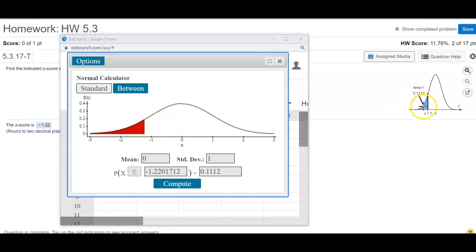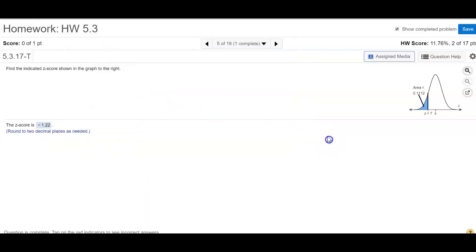Is my area to the left? Yes. Is this to the left? Yes. Now I'm going to go ahead and plug in my answers. And if I look at it, my answers do match. Area to the left, area to the left. I have my area is 0.1112. You plug it in and you get your respective z-score. All right, let's look at the next one here.